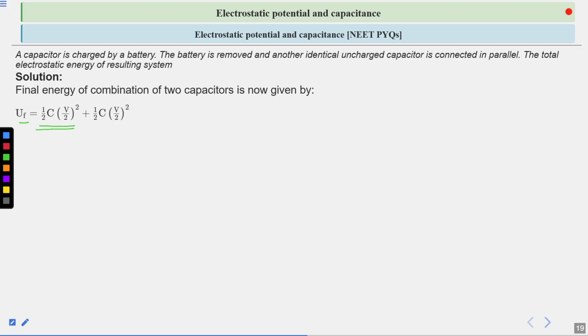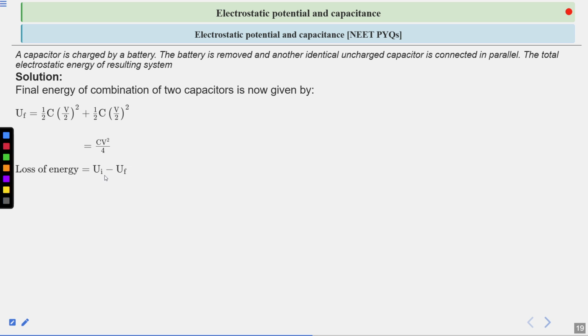It is the energy of one capacitor plus the energy of the second capacitor. Since they are at common potential and their capacitances are the same, it is half C (V by 2) square, plus half C (V by 2) square. So this will result in CV square by 4. Initial energy was CV square by 2, so it is decreased by a factor of 2.